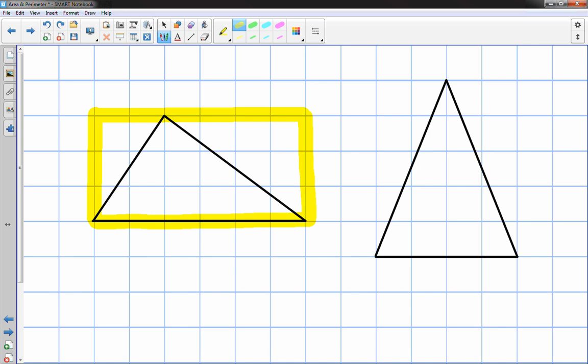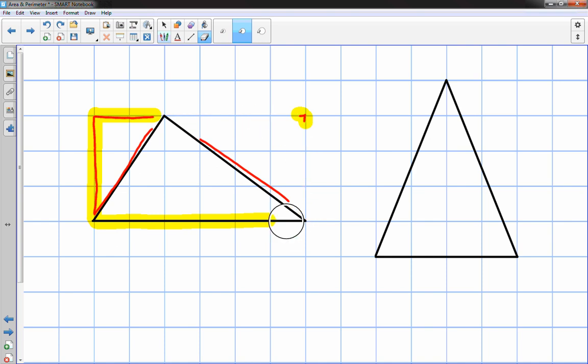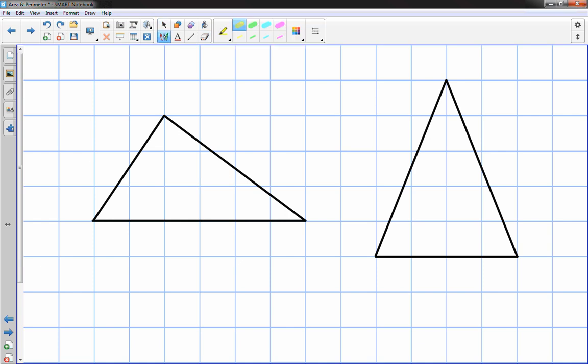And then what you have to understand is that if you could take this piece of the rectangle and this piece over here, you could put them together, you'd actually get another triangle that looks like that. So I'll erase all this. Probably looks confusing to you. So I'll do that one more time.